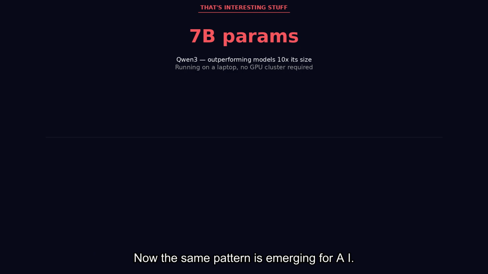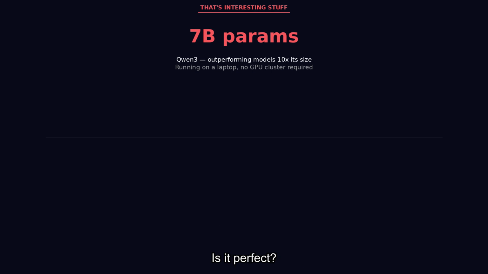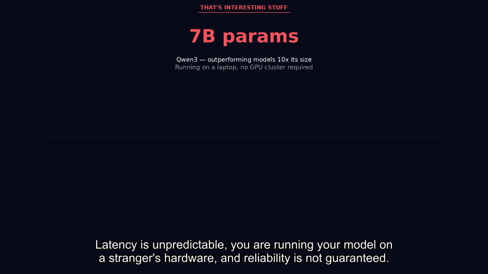Now the same pattern is emerging for AI. Instead of one company owning all the inference infrastructure and charging you for every query, you are tapping into a distributed network of volunteers who are contributing idle GPU time. Is it perfect? No. Latency is unpredictable. You are running your model on a stranger's hardware, and reliability is not guaranteed.